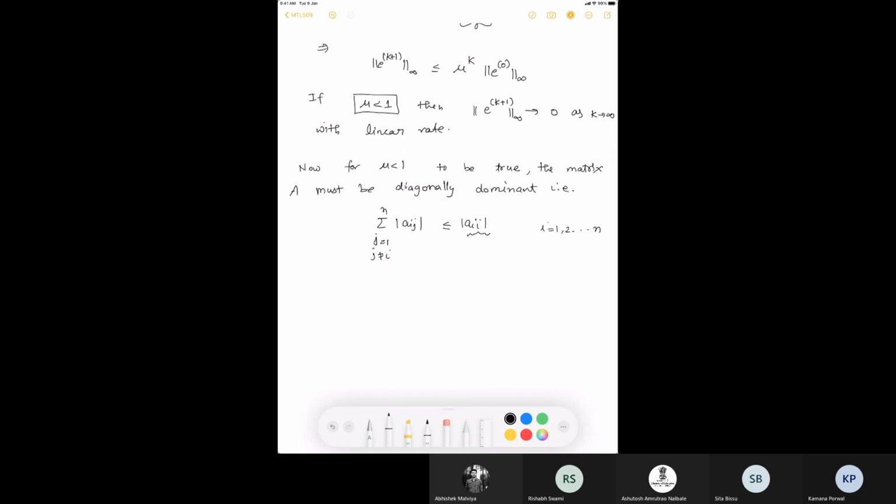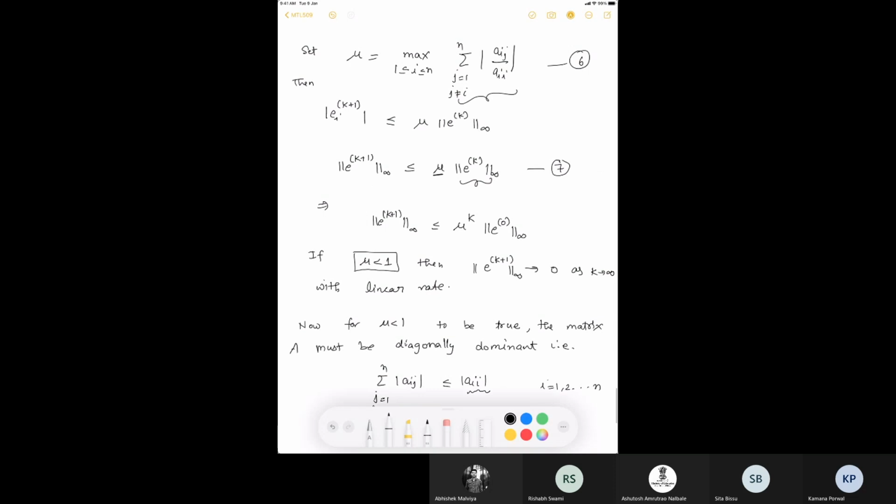Okay. So the conclusion from here is that if the matrix A is diagonally dominant, and you use the Gauss-Jacobi method to find the iterative sequence, then the iterative sequence is going to converge to the exact solution.